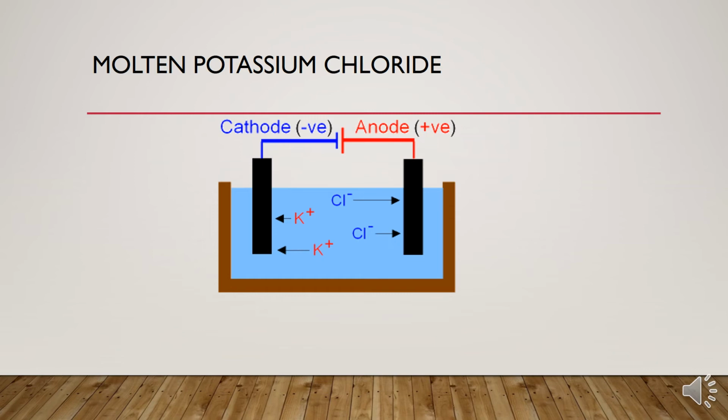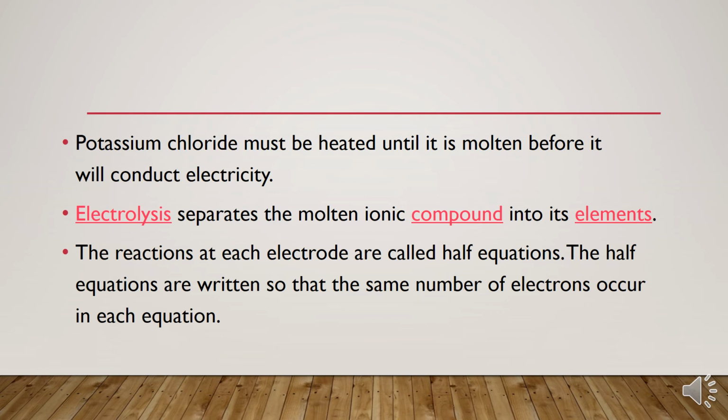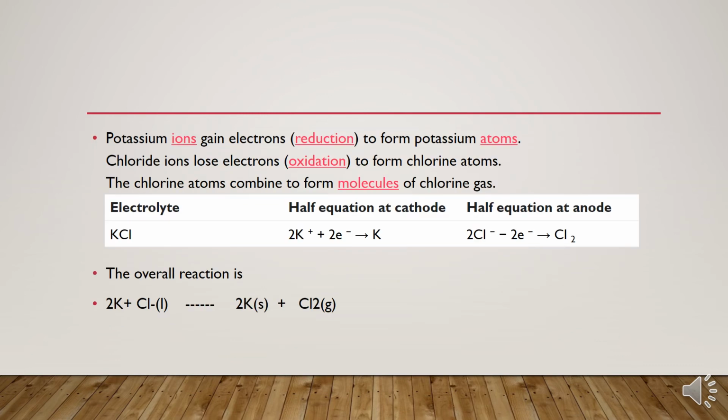The reaction that takes place at each electrode is termed a half equation. So we can write the half equations. Potassium ions gain electrons, that is reduction, to form potassium atoms.